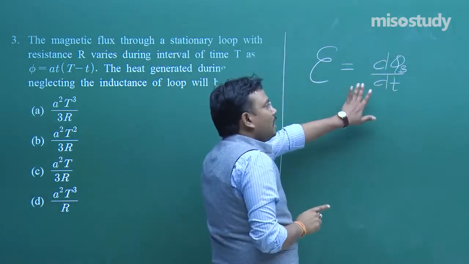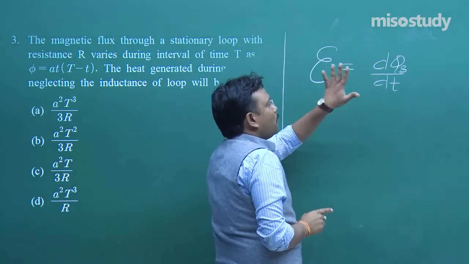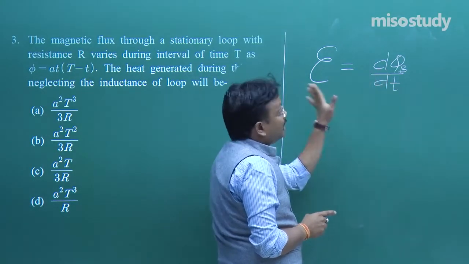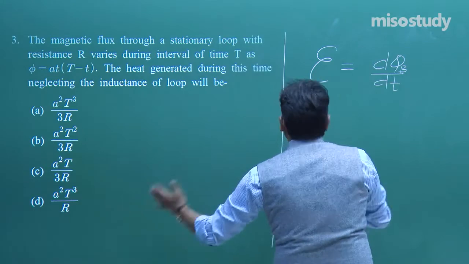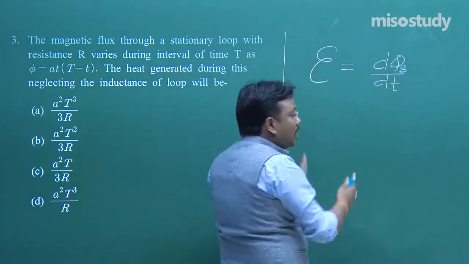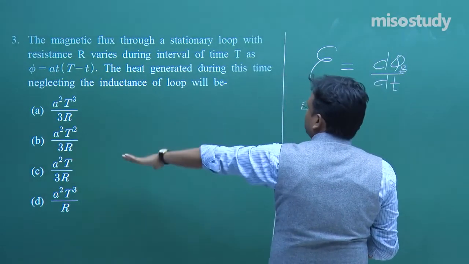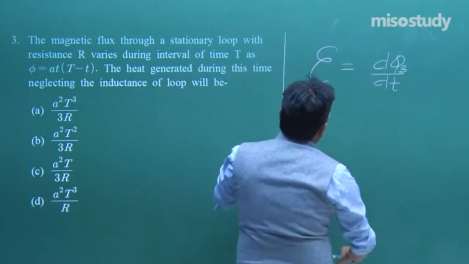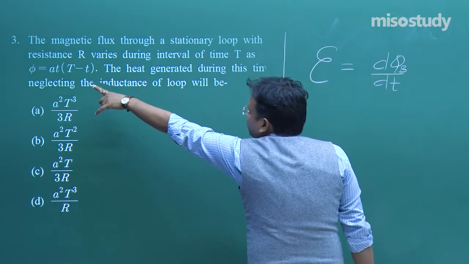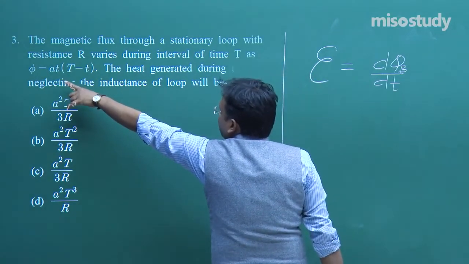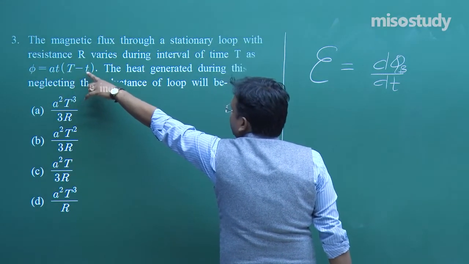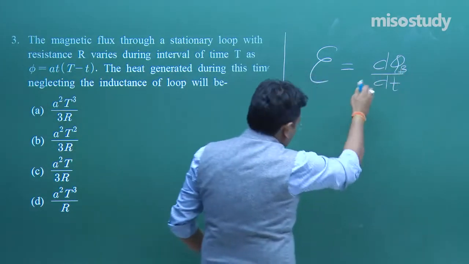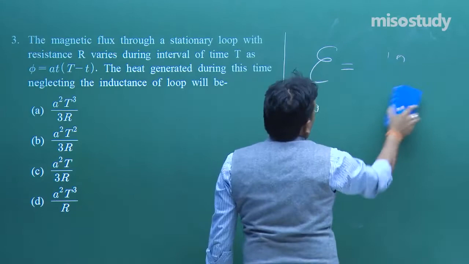One thing you can realize is that this formula is very important for electromagnetic induction, and repeatedly, close to the question, I am explaining it, so that every time the question should be in front of your eyes. So this basic formula we are going to use, and what is the value of phi? It is given over here, at(t minus small t). So let's try to put the value of phi B over here, in this particular problem.